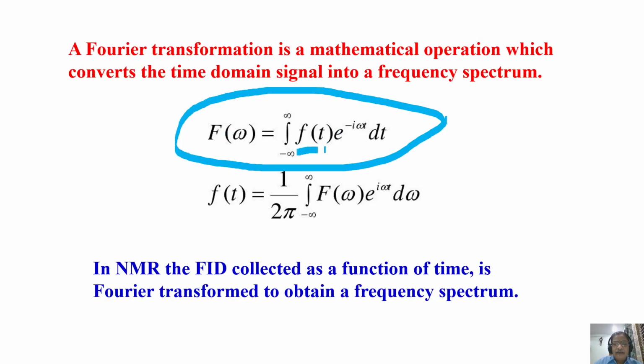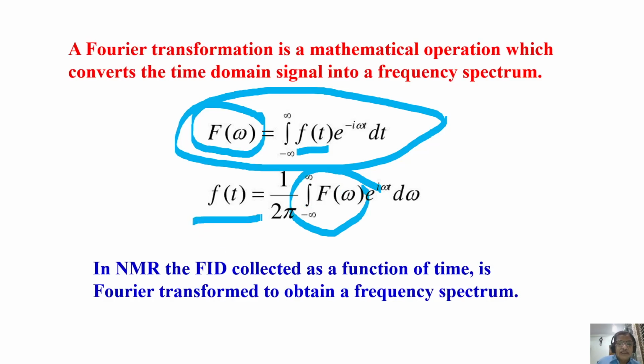You collect the signal as a function of time and do this mathematics, and then you will get all the frequencies present in it. Of course, you can do the reverse also. If I have a frequency domain signal, I can do an inverse Fourier transform and get the time domain signal. These are interchangeable. These are called Fourier pairs.